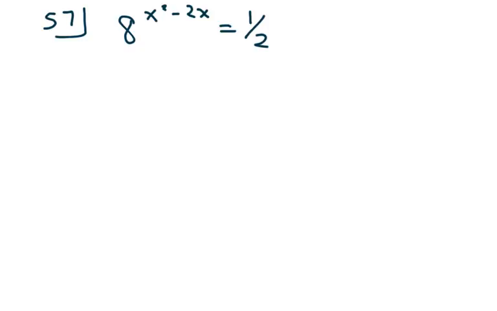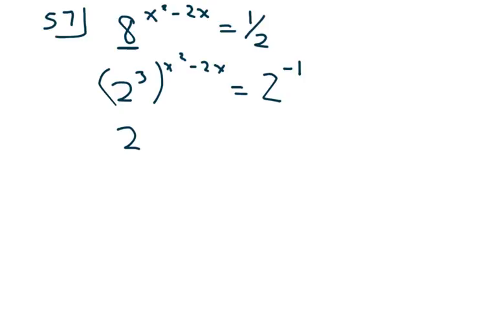I'm going to change my base to 2. So I'm going to call this 2 cubed to the x squared minus 2x equals 2 to the negative 1. Now I'm going to go ahead and distribute here, and this is going to be 2 to the 3x squared minus 6x equals 2 to the negative 1.